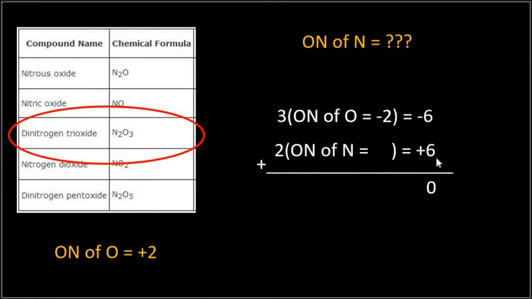Now, if you have a +6 and it's divided by 2, you hopefully will be able to get the answer that the oxidation number of nitrogen is a +3. Okay, let's move on to the next.